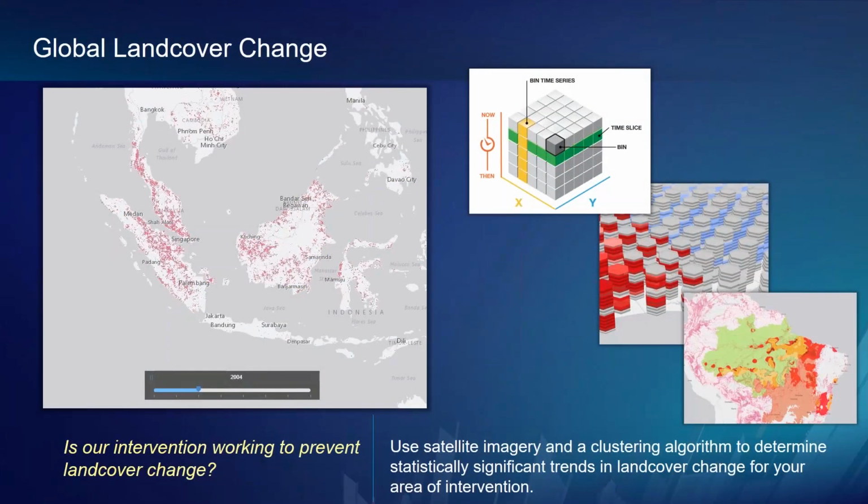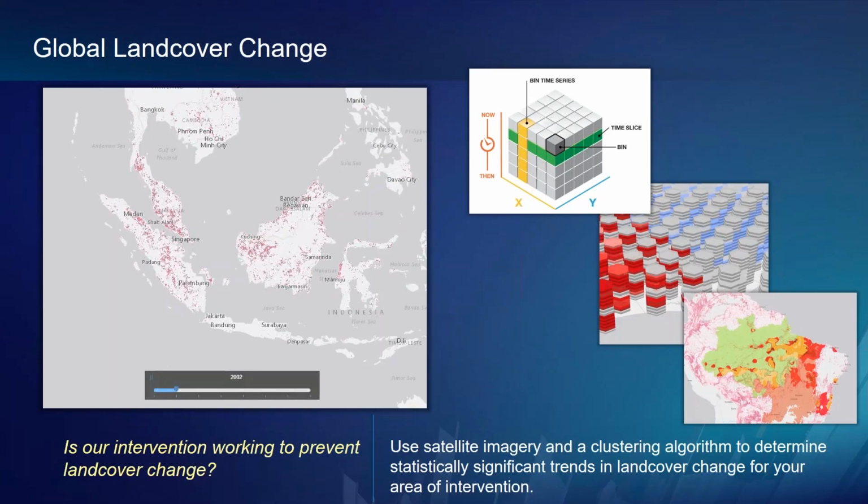Another example that we'll take a look at is an example where we can look at a very large global coverage data set that's at about 30-meter resolution. And this is, I think, an index that was created from open Landsat imagery.